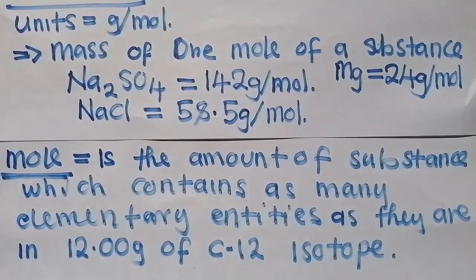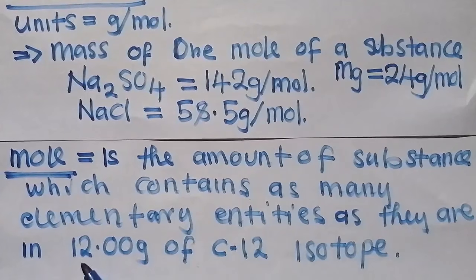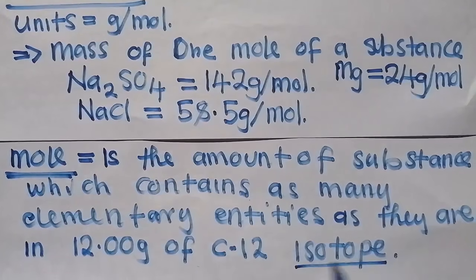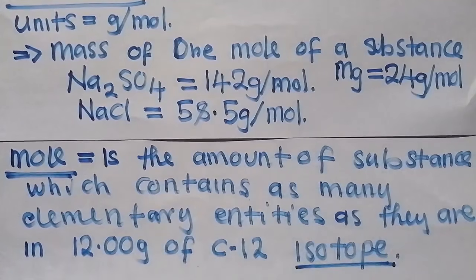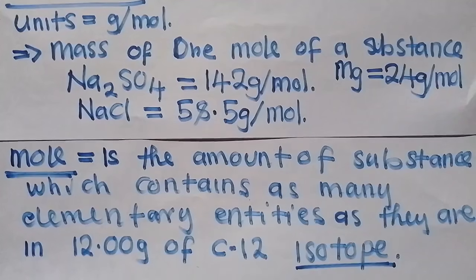So if you are told to define a mole, you can just say this is the amount of substance which contains as many elementary entities as they are in 12 grams of carbon 12 isotope. You know what an isotope is. Maybe you've been wondering why I've been using this term isotope. So you are asking yourself, what is an isotope?